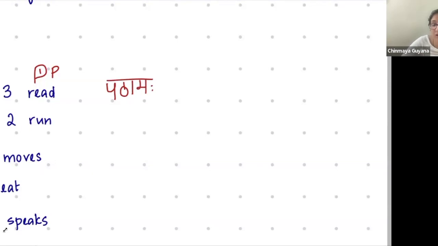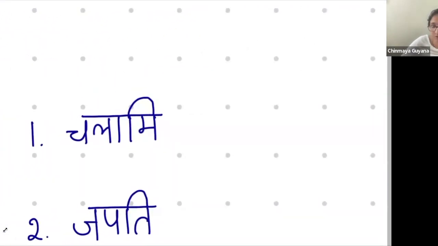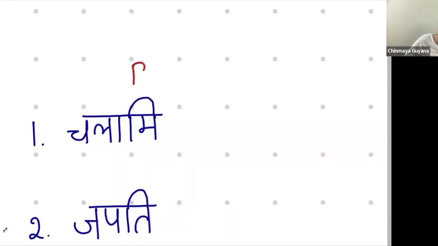First, you figure out what is the person and what is the number. Then you write the answer. So that's how you do that one. And this one, same. Chalami. So now you look at your table and you say, where is chalami? Oh, chalami is first person singular. You must write this every single time.